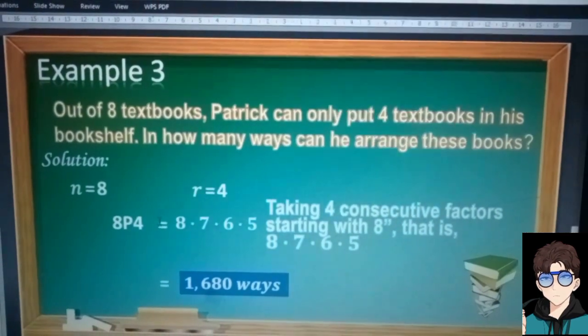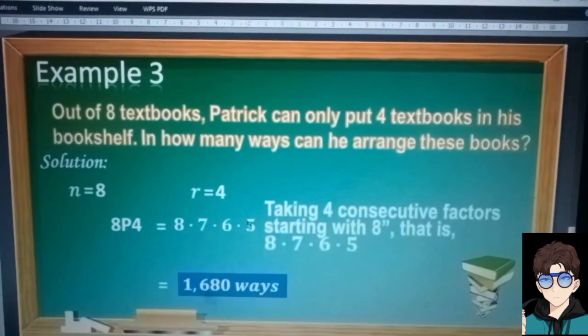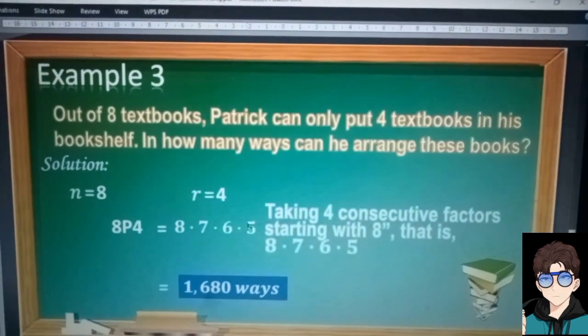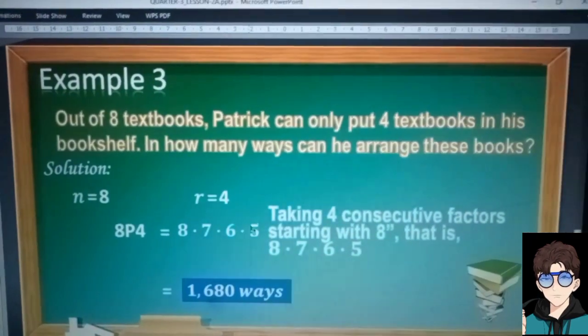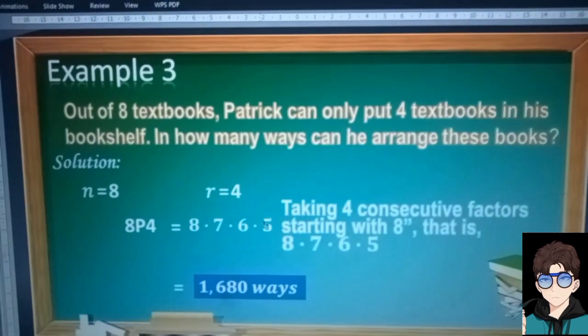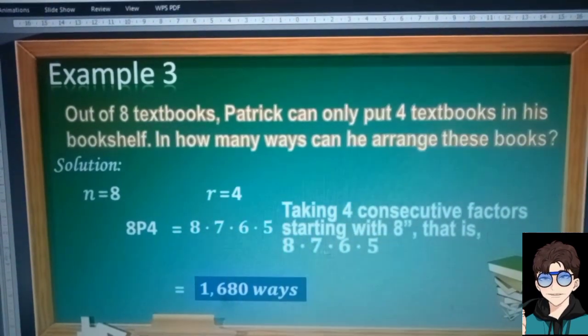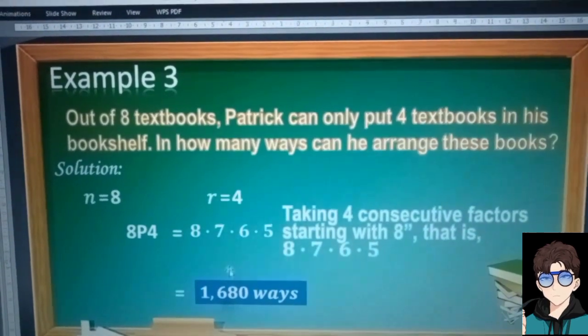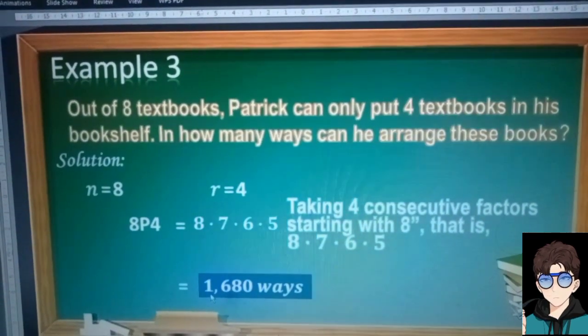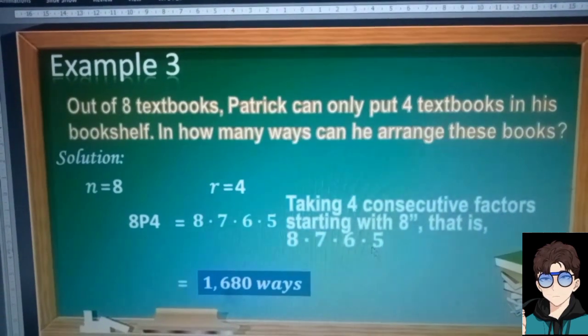So 8P4 is equal to 8 times 7 times 6 times 5. I also have a shortcut here: take 4 consecutive factors starting with 8, that is 8 times 7 times 6 times 5. This gives us the product of 1680 ways.